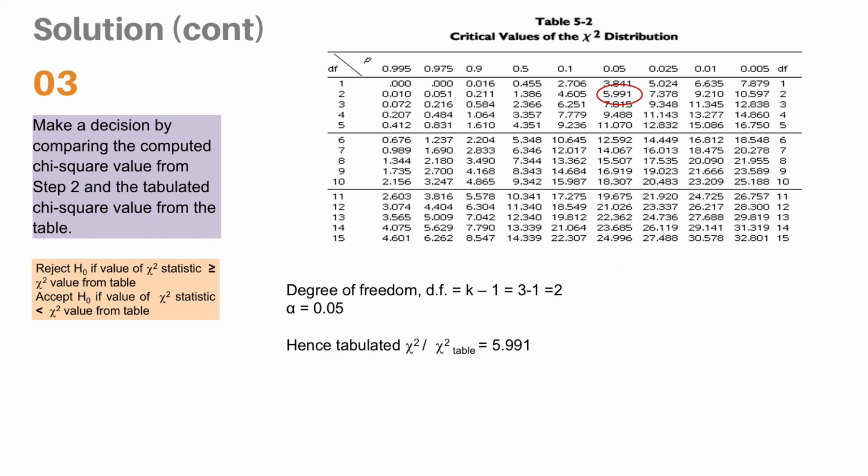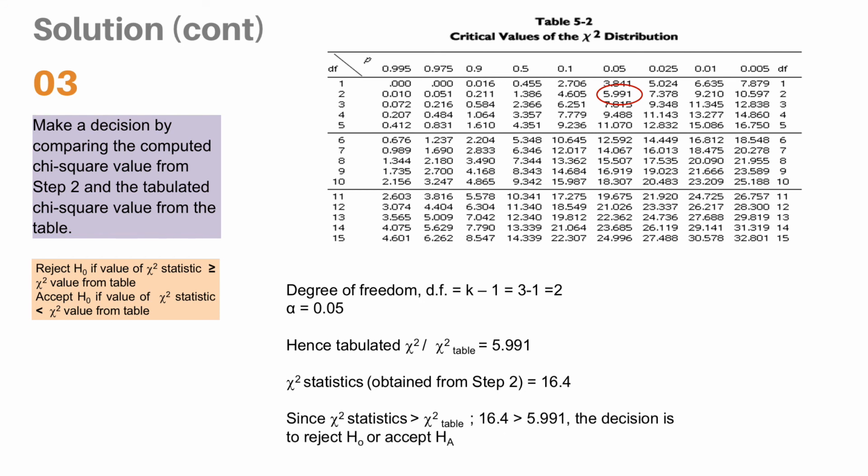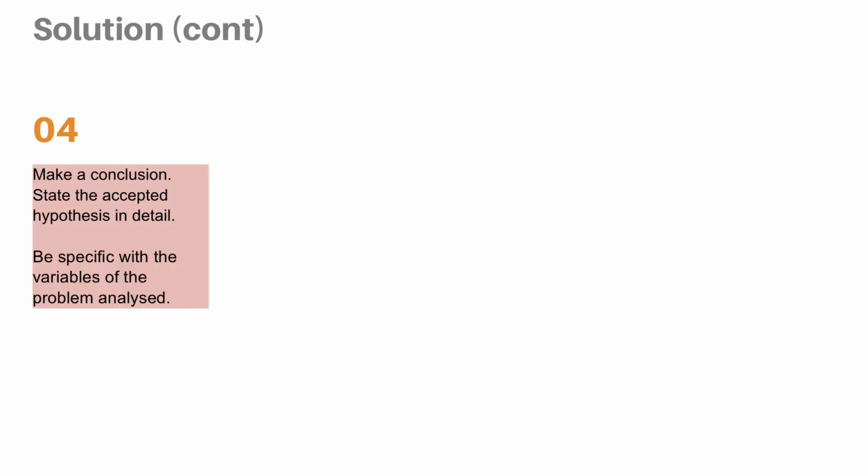So the value of tabulated chi-square is equal to 5.991. Comparing the value of chi-square statistics as obtained from step 2, which is equal to 16.4, we found out that the chi-square statistics is more than the chi-square table. Hence, the decision for this problem is to reject the null hypothesis or to accept the alternative hypothesis.